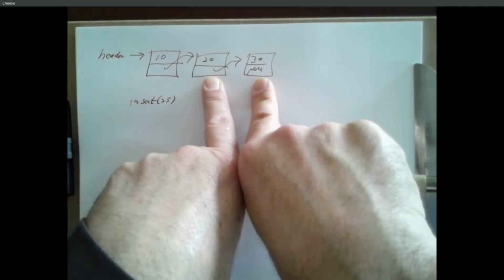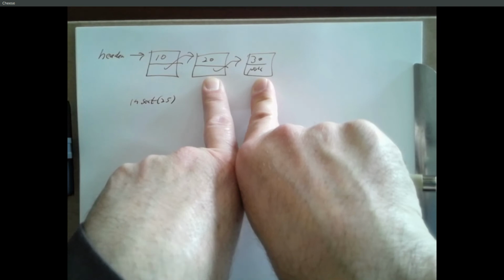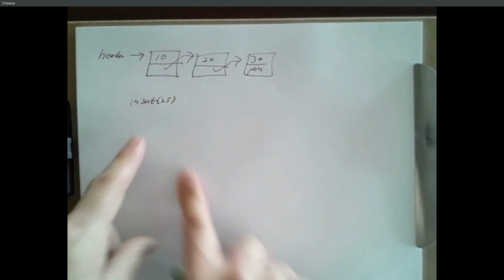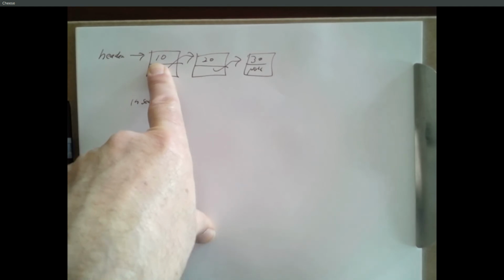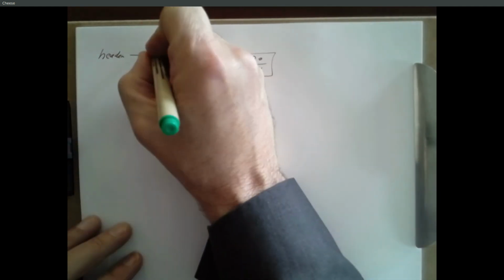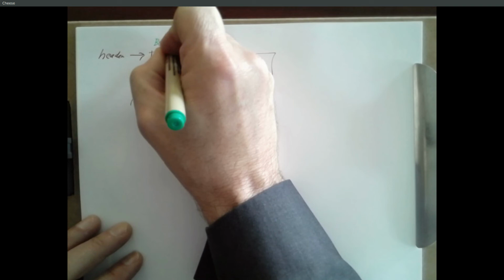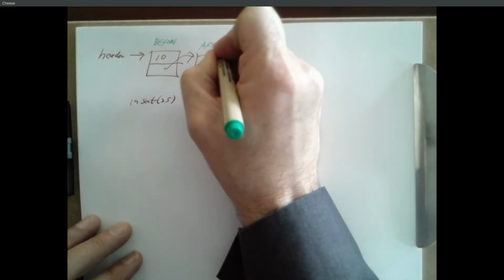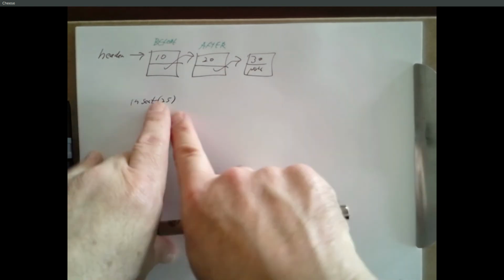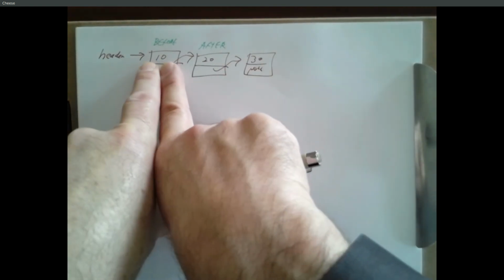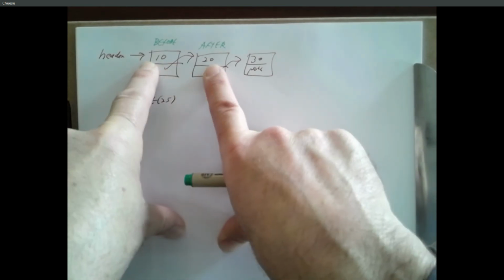Now we're trying to keep things in order. So if we want to insert a 25, we can look at the first node, 10. We know it's got to come after that. So let's make a pair of variables, before and after. So we look at 25. Well, 10 is too small. 20 is also too small.